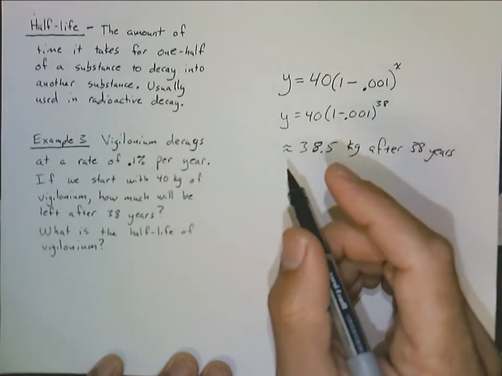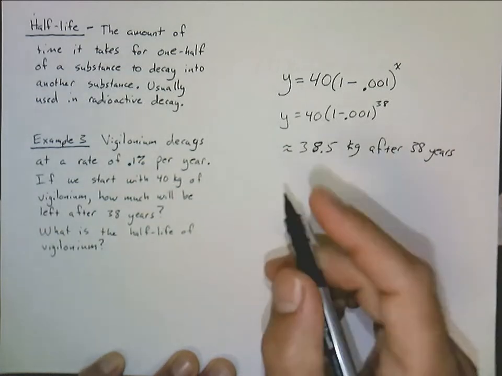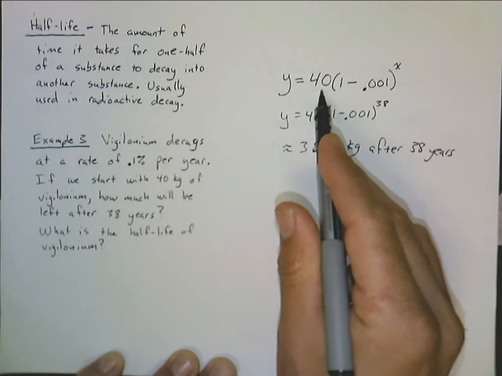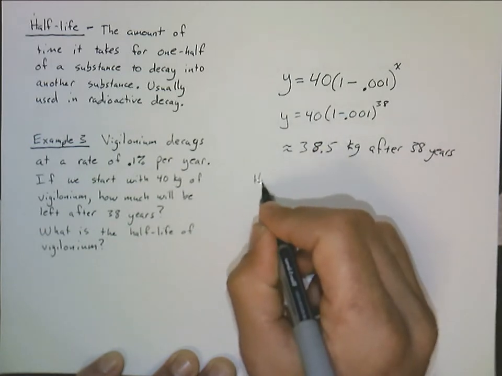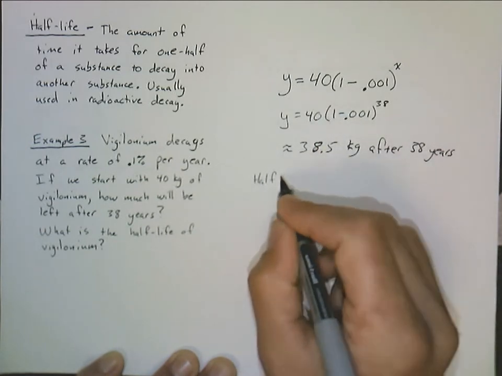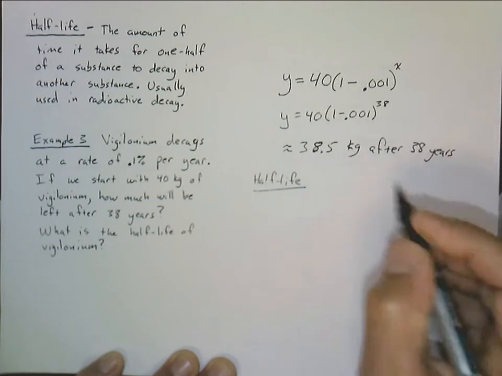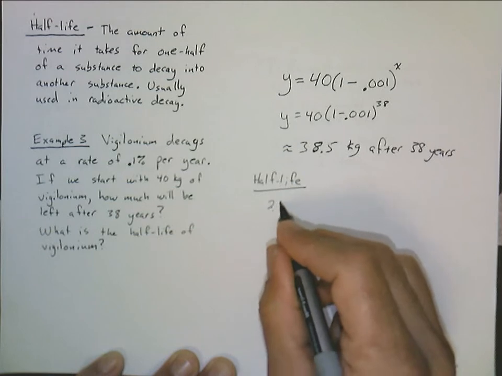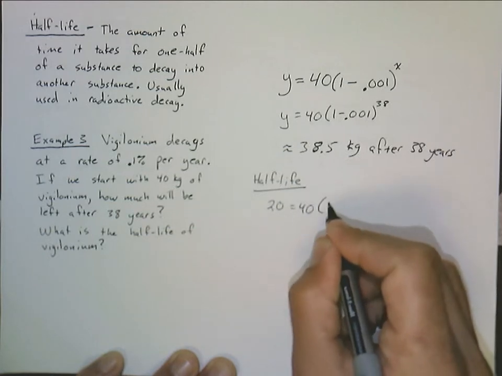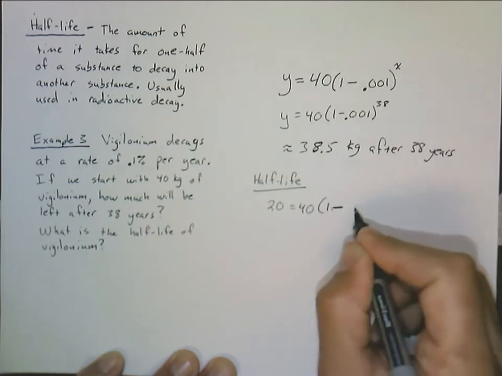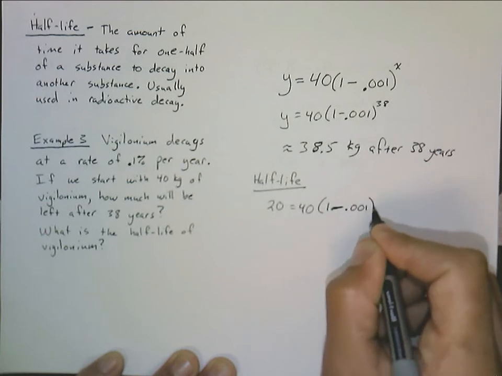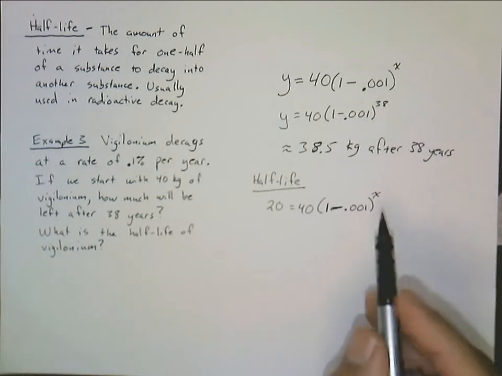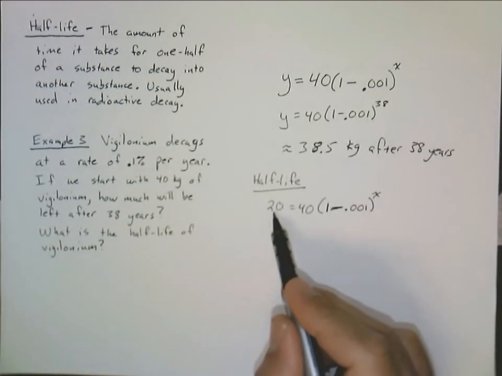Now, as far as half-life goes, we want to know what value of x is going to decrease our initial amount by a factor of 1/2. So we really want to know what value of x will give us a y of 20.